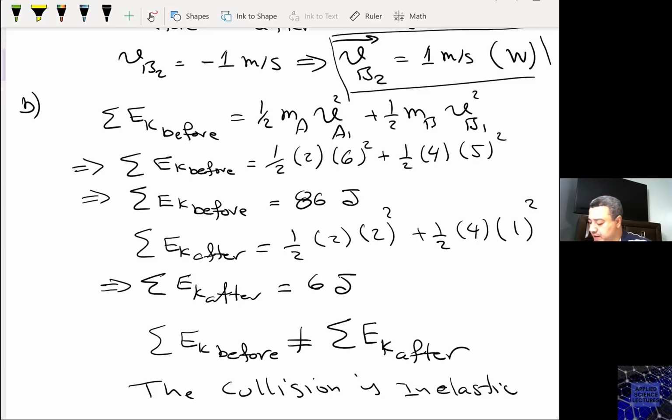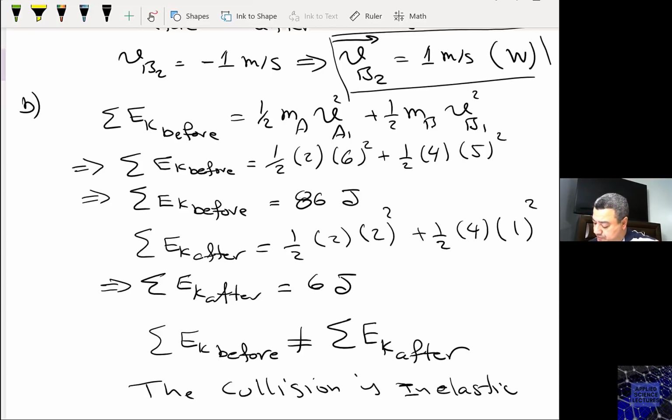They do bounce back, but they are still inelastic because the kinetic energy is not conserved. Okay.